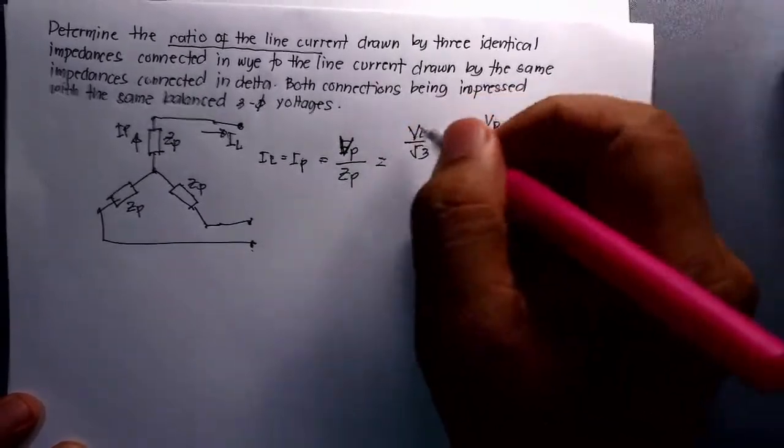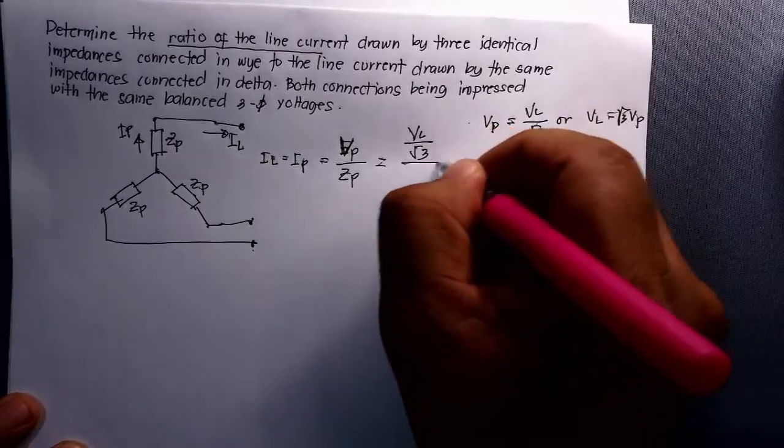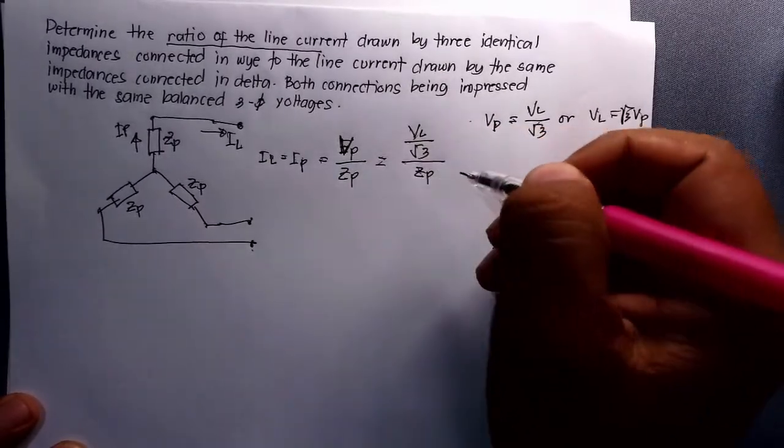So that's why we have V L over square root of 3 over Z sub P.